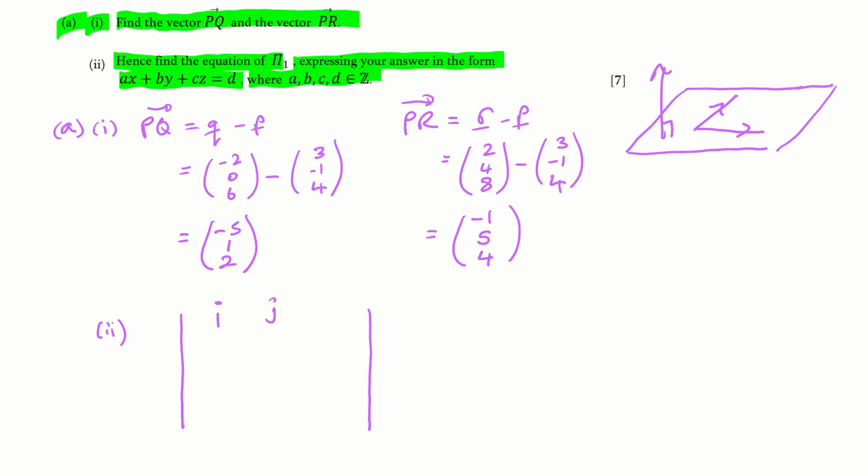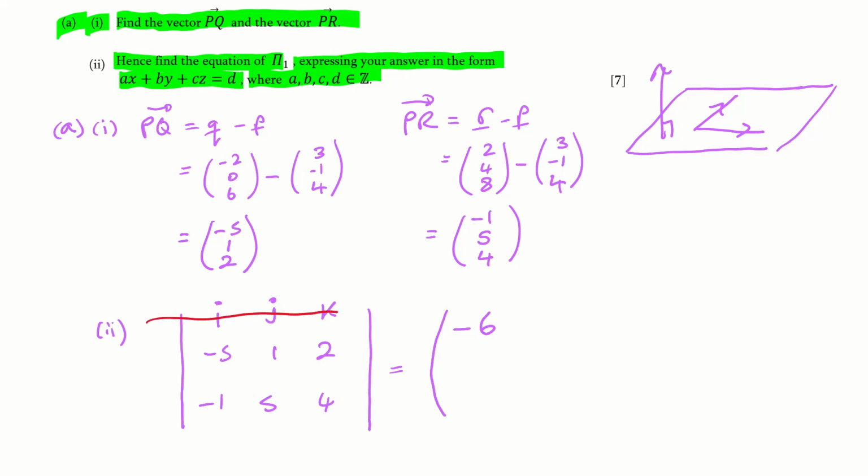So we've got i, j, k, (-5, 1, 2), (-1, 5, 4). If we cover up the i in the top row, we get 1 times 4, which is 4, take away 5 times 2, so 4 take away 10 gives me -6.